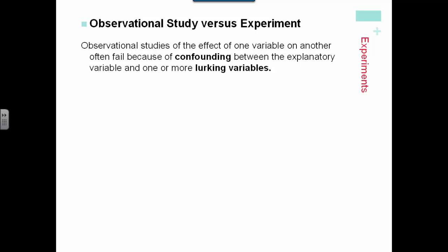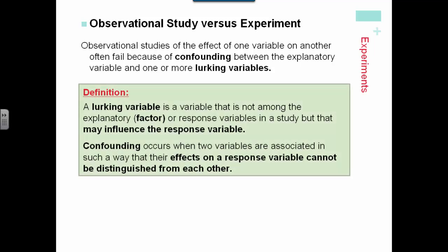Observational studies of the effect of one variable on another often fail because of confounding between the explanatory variable and one or more lurking variables. A lurking variable is a variable that is not among the explanatory or response variables in a study, but that may influence the response variable.